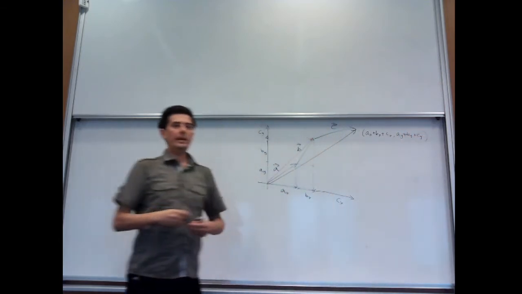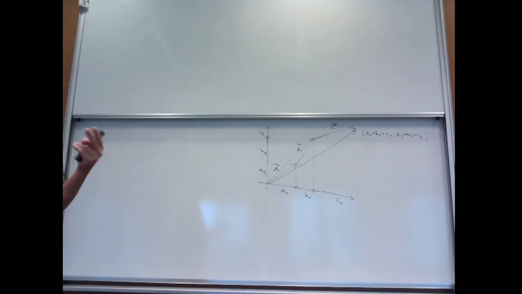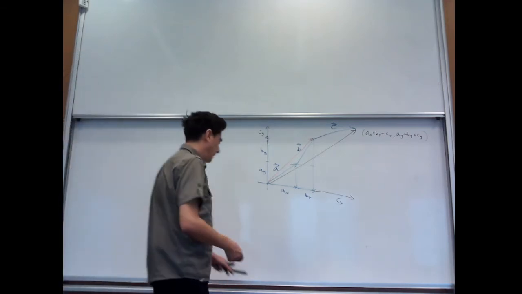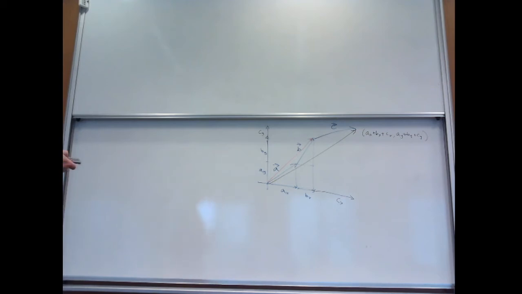And because you can add numbers in any order that you like, obviously you can add the vectors themselves in any order you like, and you will get the same answer. So it's a similar type of argument to show this associative law.